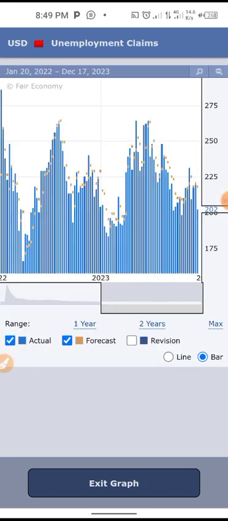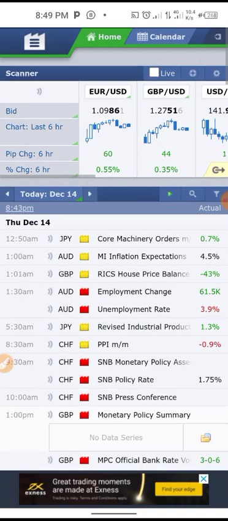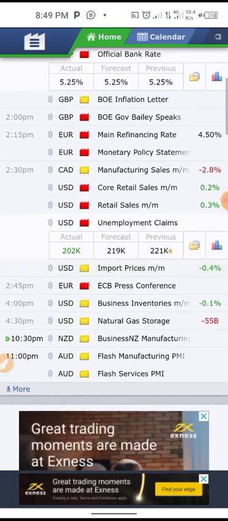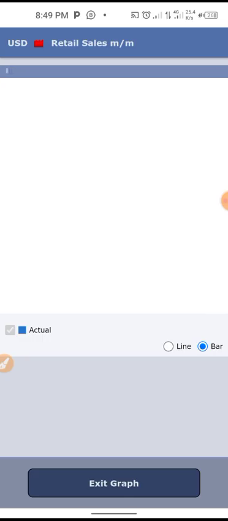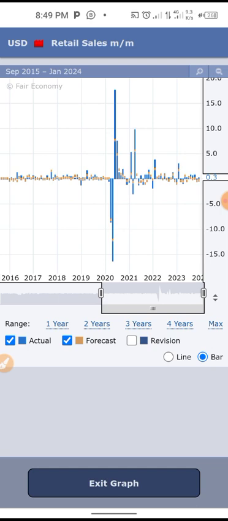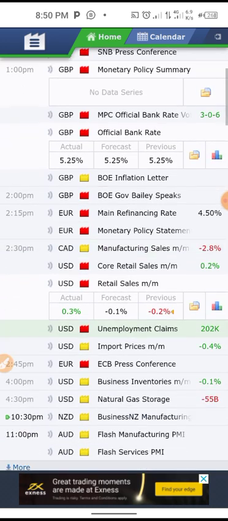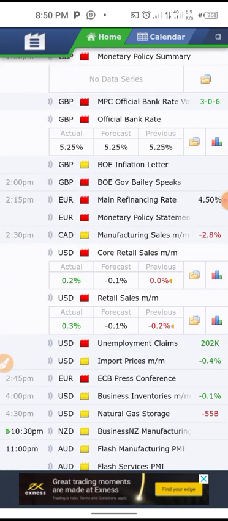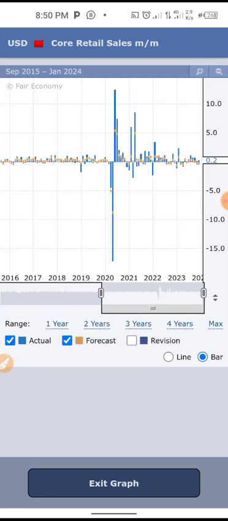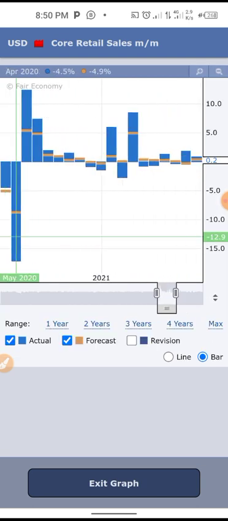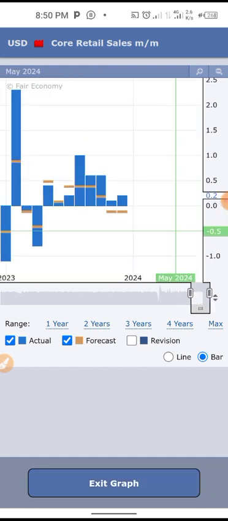Let me check this graph and show you something there. Positive. Let's check this other one. The second one should be positive. And the last one, positive.